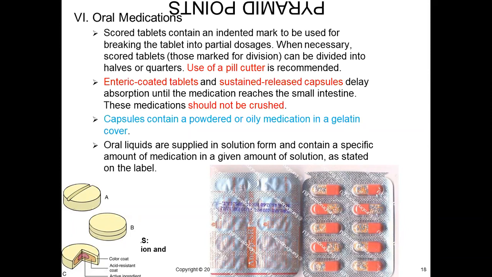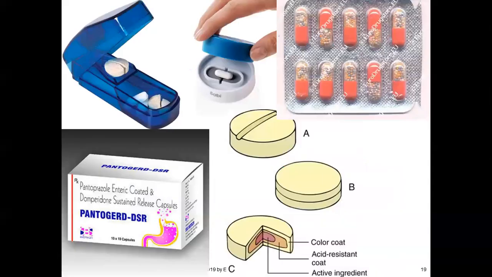Maybe the medication has to work in our small intestine or large intestine, so it will be protected from the acid secreted by the stomach. So you see the pantoprazole enteric coated tablet. The tablet is covered by an enteric coating.